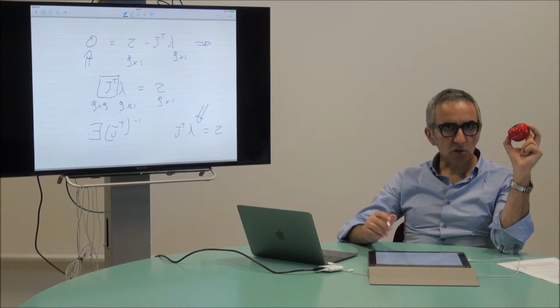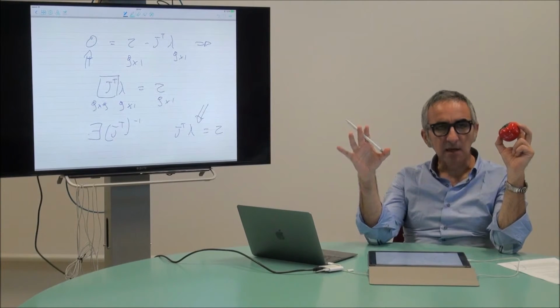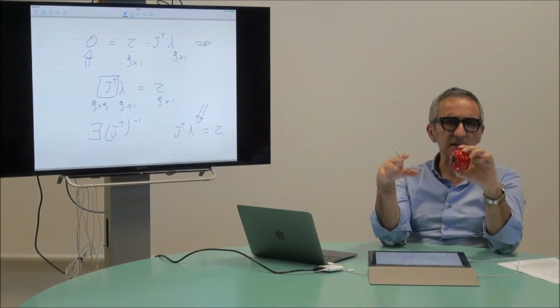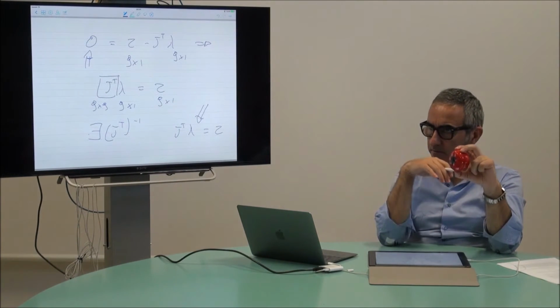Okay? So for any lambda that you want, for any lambda that belongs to R9, provided that these lambda are within the constraints and other things, you have the power in the hand to generate those forces.